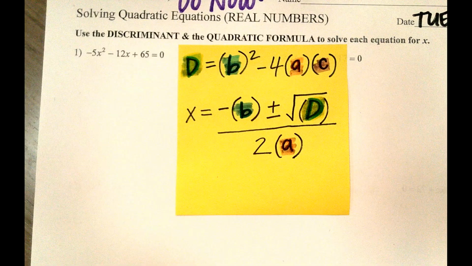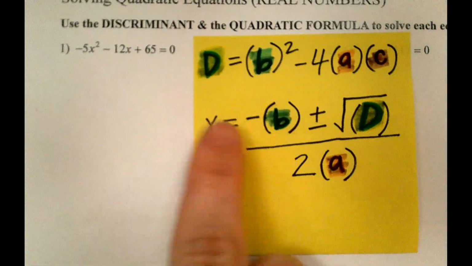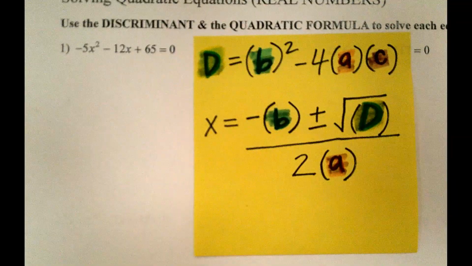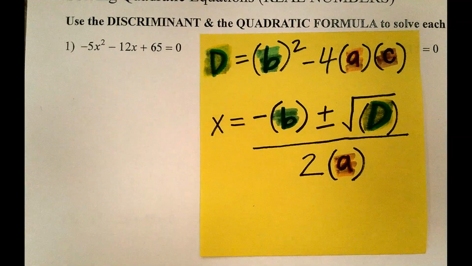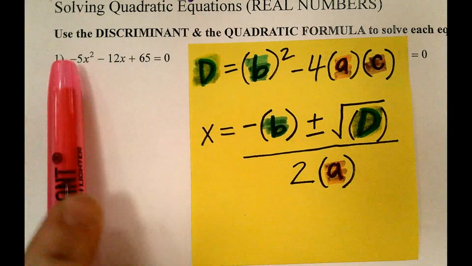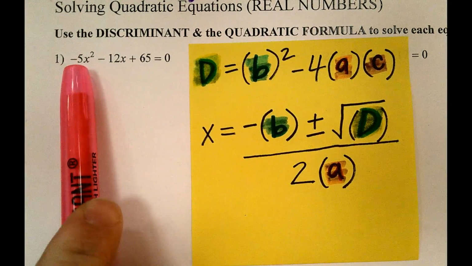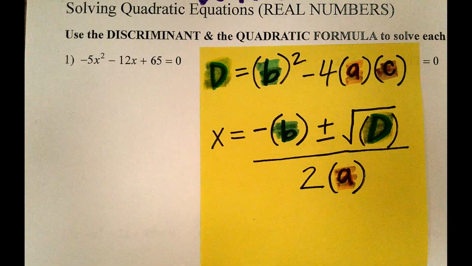So let's look at number 1 here. When we are using formulas like these, we know that there's going to be some things we need to identify. So it looks like I need an A, a B, and a C. For this first equation, I have negative 5x squared minus 12x plus 65 equals 0. What would be my A, B, and C?